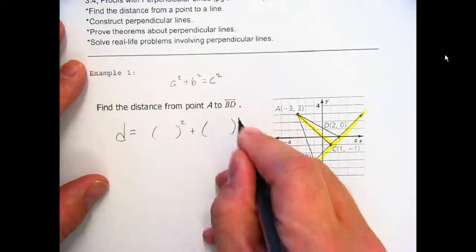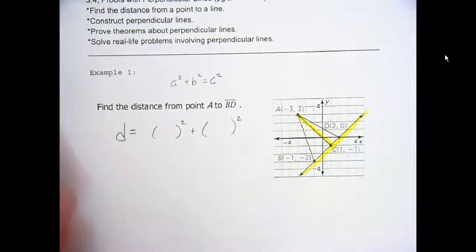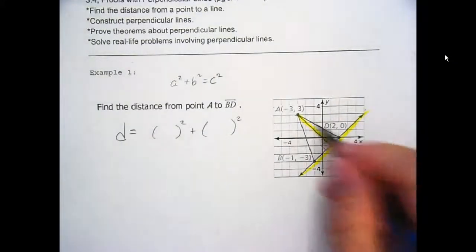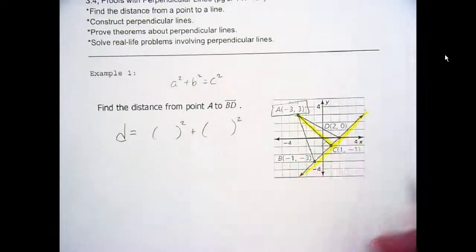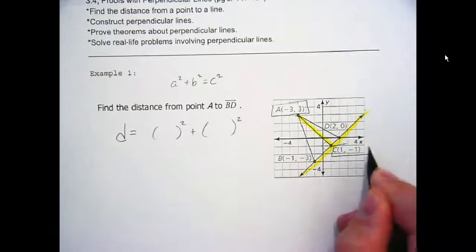That would be our a and our b. Dealing with coordinates, in the Pythagorean theorem, we're dealing with a picture which we could actually apply here. But when you're just given coordinates, which you may be today, the coordinate there and that coordinate there.